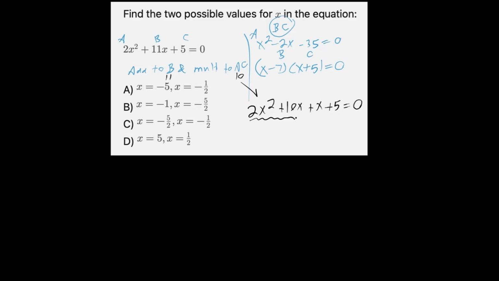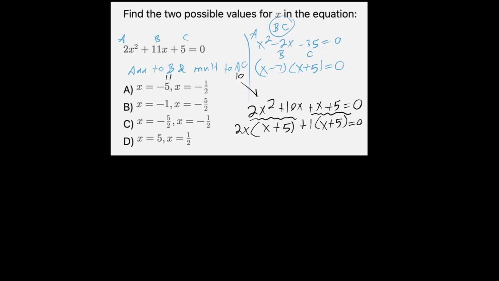You take the first two terms and you find the greatest common factor, the GCF, which is 2x for 2x squared and 10x. And after you factor that out, you'll be left with x plus 5. Then you look for a GCF for the next two terms. For x and 5, there's no true greatest common factor, but we can still factor out a 1. And if we took out 1, then we're still left with x plus 5.